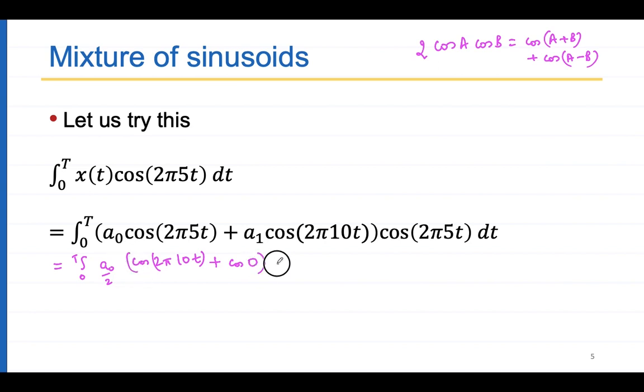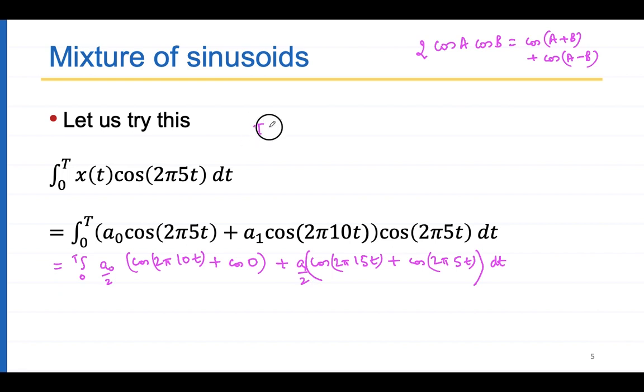Plus A1 times cos 2π, so again A+B is 2π15t, and 1 upon 2 here, there's a bracket here, and plus cos(A−B), so it is cos 2π5t, dt. And what is capital T here?